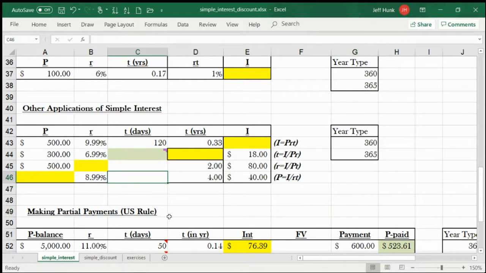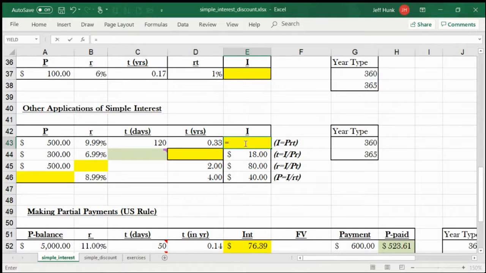So the interesting thing is, in this row 43, we know what is asked. Interest is asked. So we already know what interest is.